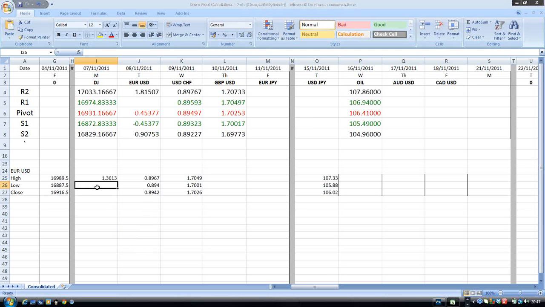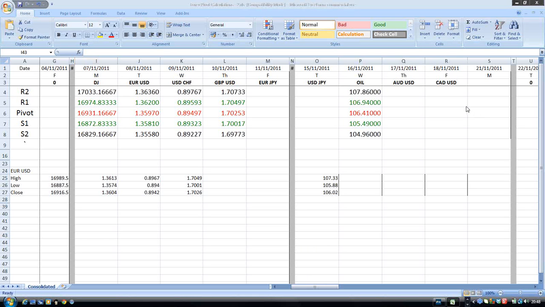That was the highest price. The lowest price was 1.3574, and the closing price was 1.3604. And once you put in the high, low, and closing price, you see you've got the R2, R1, pivot, S1, S2 calculated for me.